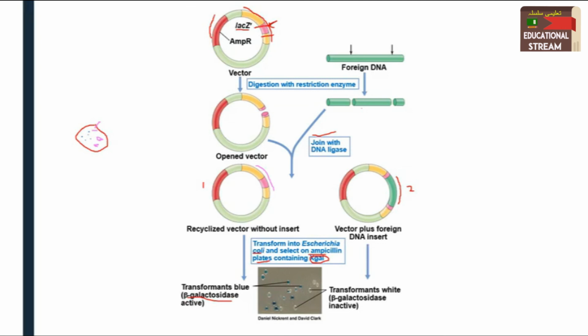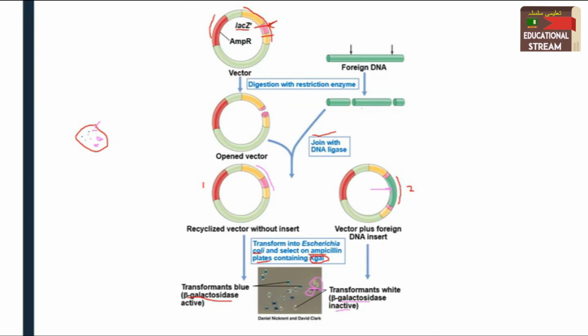The function of the beta galactosidase gene will get disrupted when a foreign fragment is inserted into it, because it is an extra fragment and it will disturb the protein formation which is encoded by the LAC-Z gene. So beta galactosidase will not be formed. Beta galactosidase will become inactive and the transformants will be white in color, as you can see in this diagram.